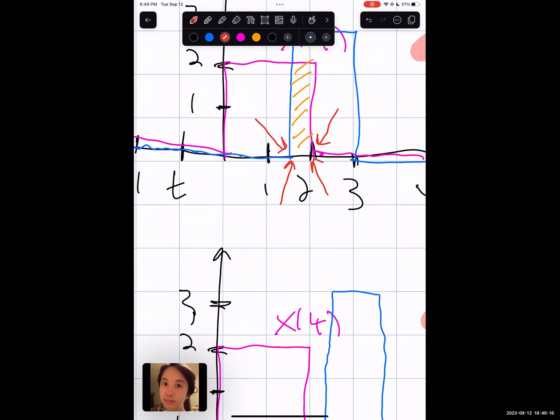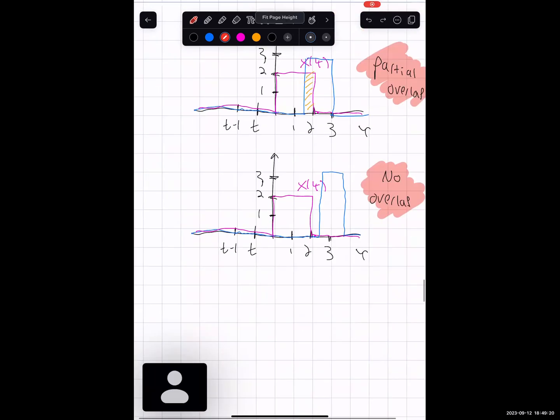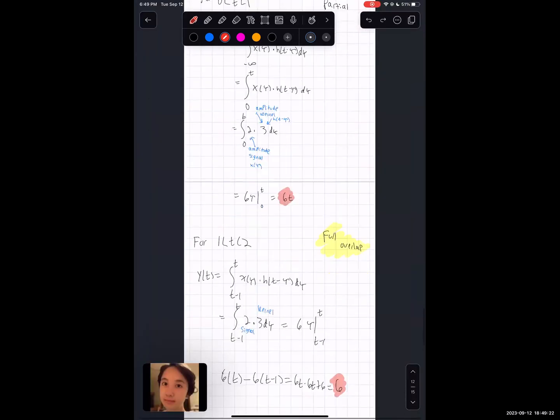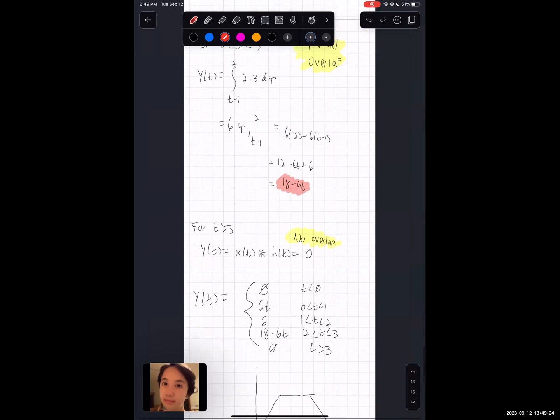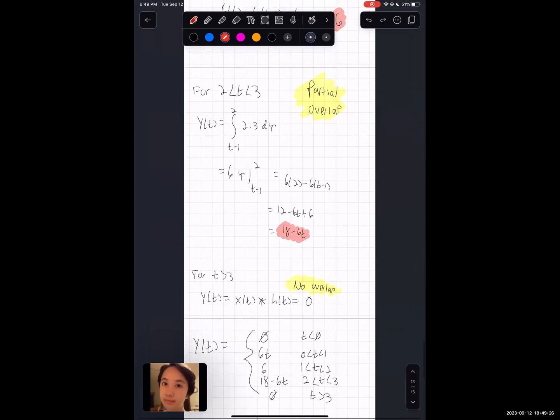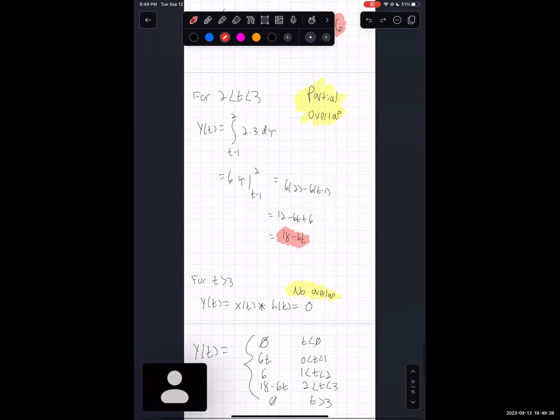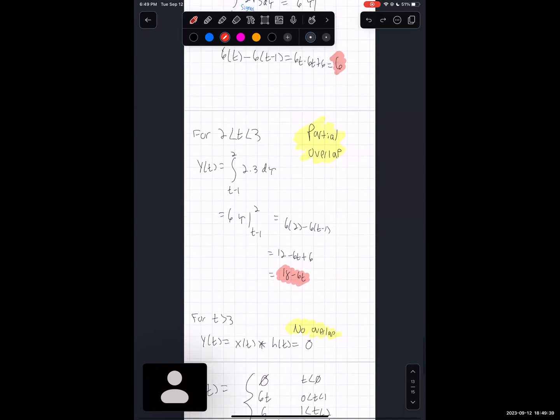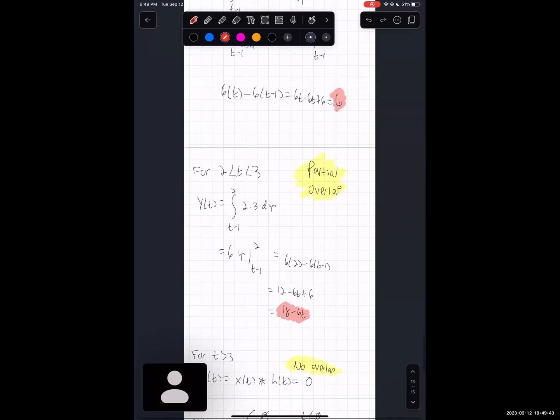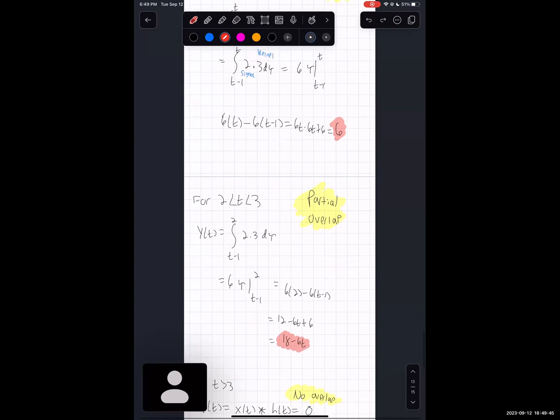Because that bound is actually what's changing, that's why I have to put the variable t in there to begin with. Exactly. Your t and your t minus 1 represent the vertical sides of the block as you sweep it across the other function. Gotcha.